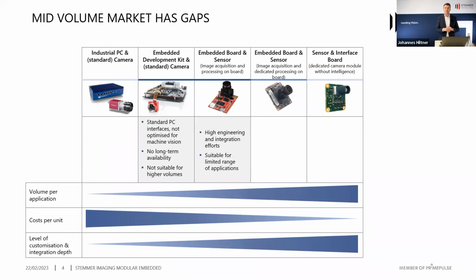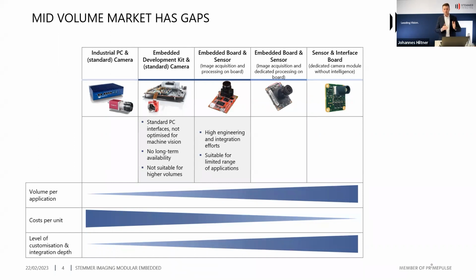For example, those standard development kits, they typically provide standard PC interfaces, USB, Gigabit Ethernet, HDMI, just to emulate a standard embedded PC. We typically don't see long-term availability, and those boards are typically not suitable or not meant for higher volume applications, for example, due to availability or due to their form factor.